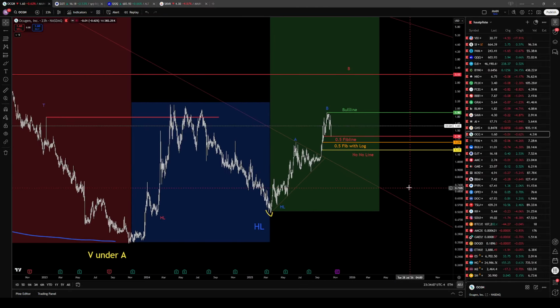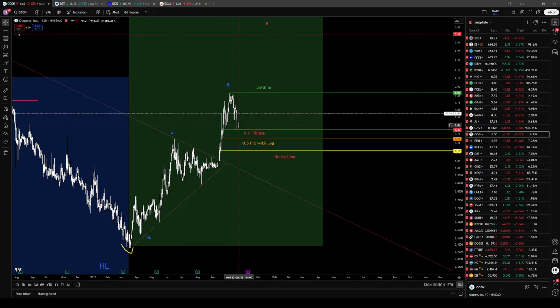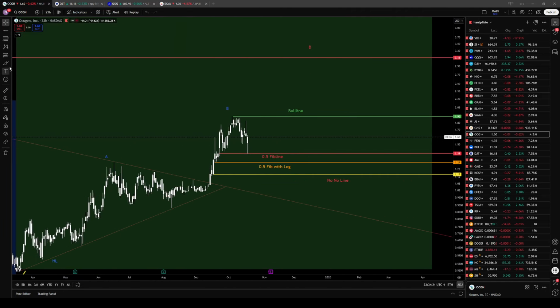Confirmation for that is breaking over 190, perfect, bullish. And here again, for the fib line without log, we are finished with the B pullback. This would be already a bounce, because you bounce here, and you would go.